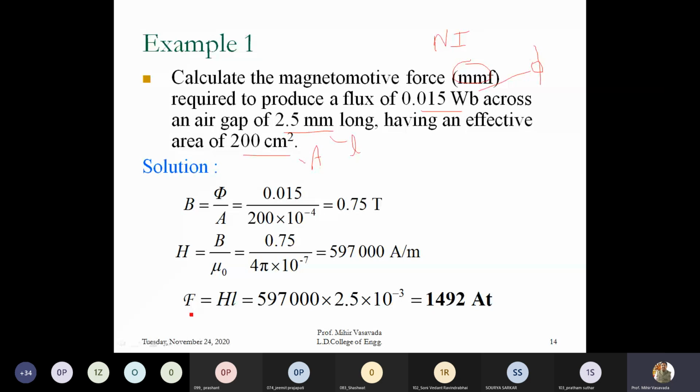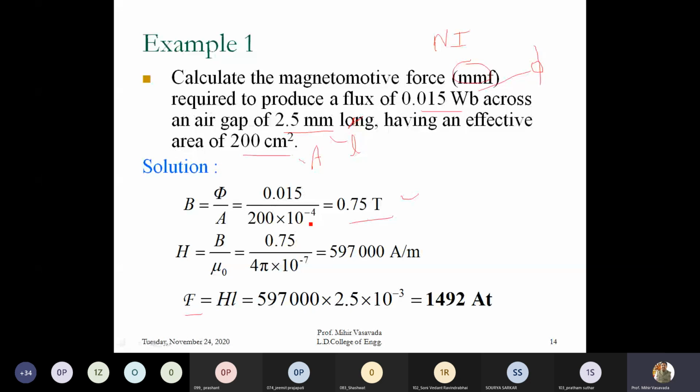If you know the equation of MMF is H into L, right? So you need to find out H, and for that you need to find out B. B is phi upon A. So phi is given as 0.015 Weber or 15 milliweber, divided by the area, which is in centimeter square. So convert that area into meter square, right? And then you get the flux density in Weber per meter square, that is 0.75 Tesla.